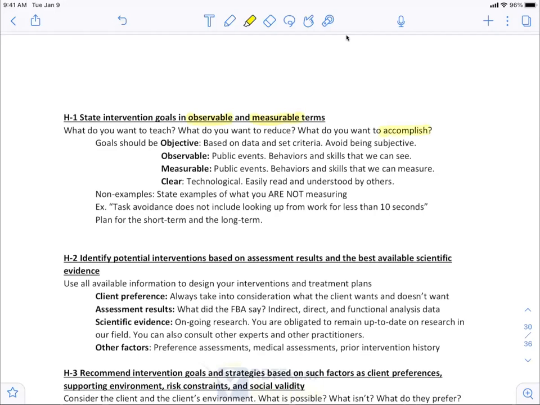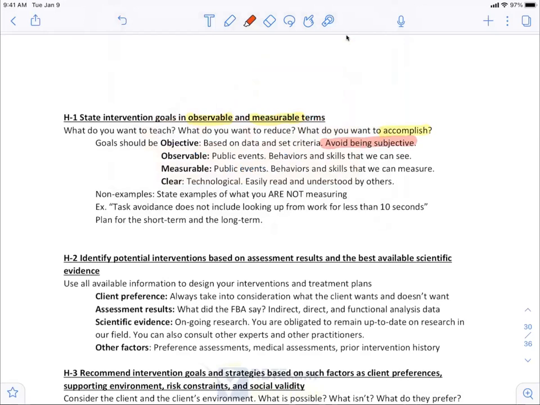Goals should be what? Goals should be objective, based on data and set criteria. Avoid being what? Avoid being subjective. Not I think, I thought, it's I saw, I know. This is what happened. We want objectivity. Goals should be observable, public events, behaviors, and skills that we can see. We acknowledge private events as behavior, but we can't see them. That's an issue.